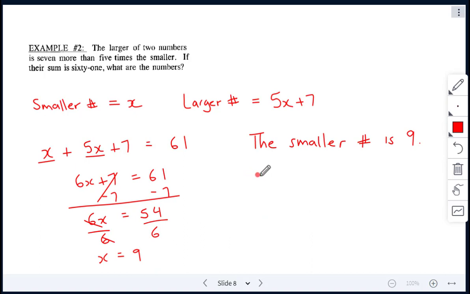So we would put 5 times 9 plus 7, which gives me 52. Okay, 45 plus 7 to give me 52. So the smaller number is 9, and the larger number is 52.